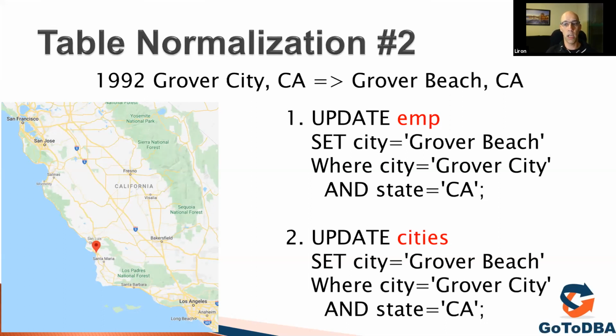So the fact that we normalize the data and split the cities into their own table allows us to keep the integrity of the data and have standardization in this case.